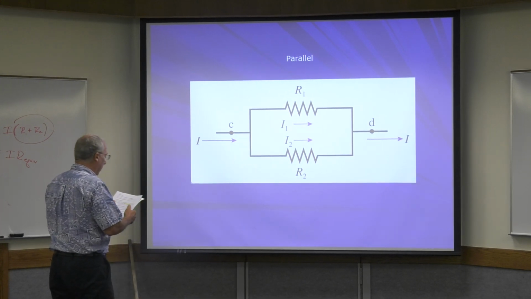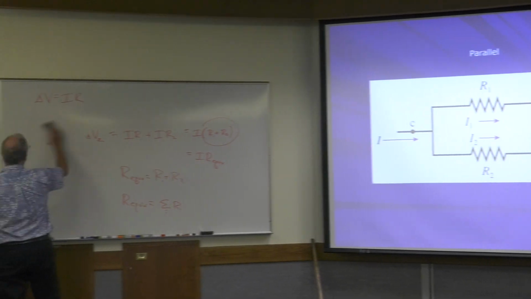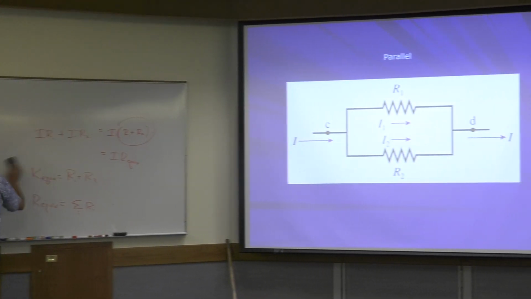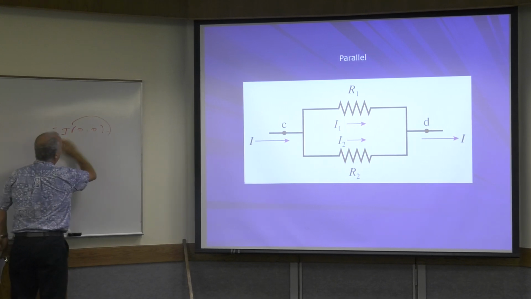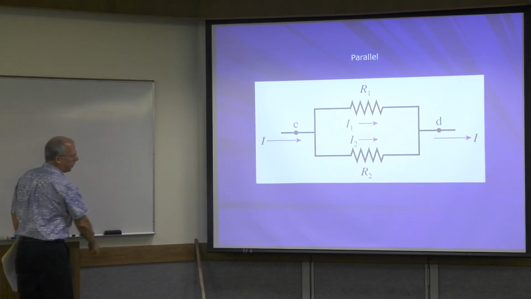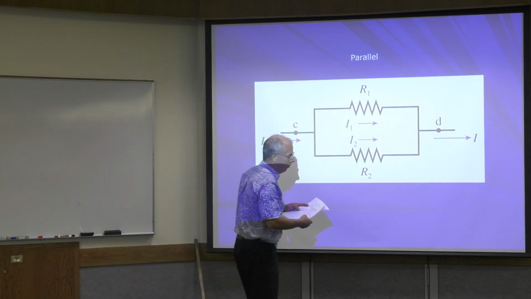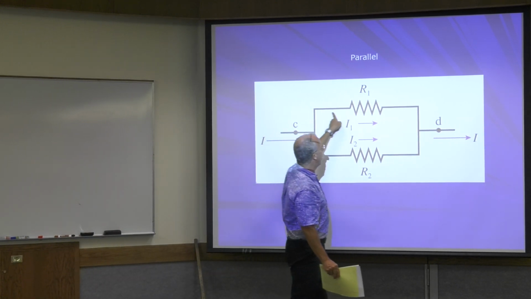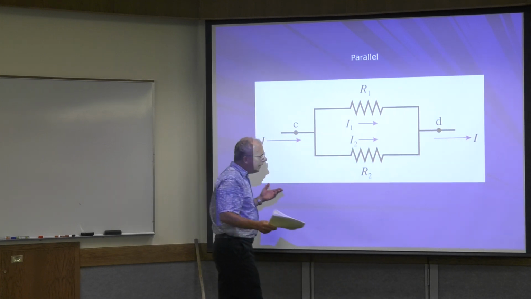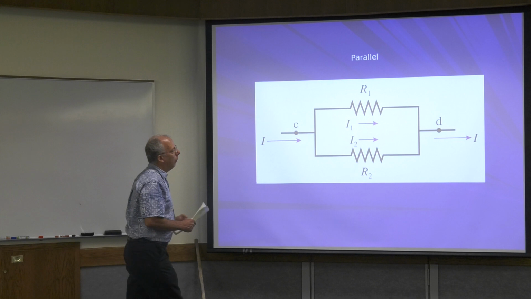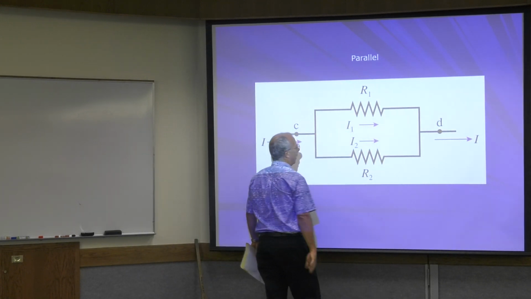Now look at that circuit diagram and ask yourself, with a series, the current was the same for each resistor. But now, there's no way. I mean, it could be, but most likely it's not. So we can't say that this current equals that current. But what is the same for this guy and this guy?